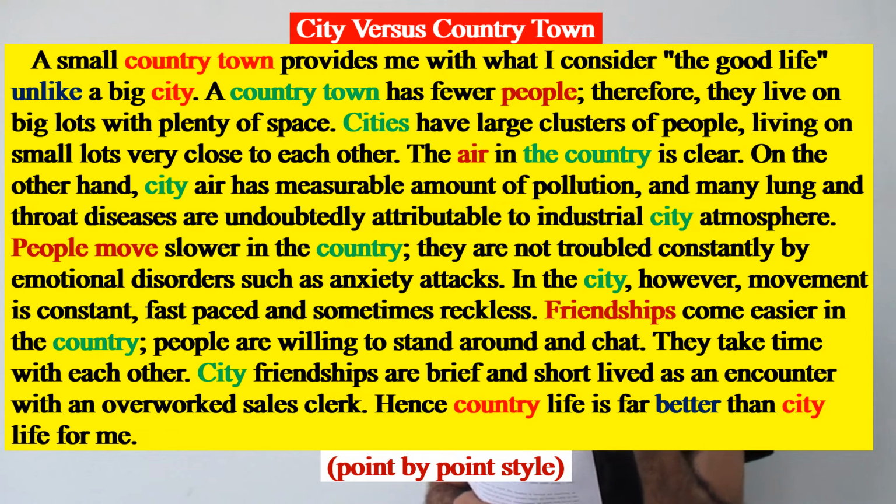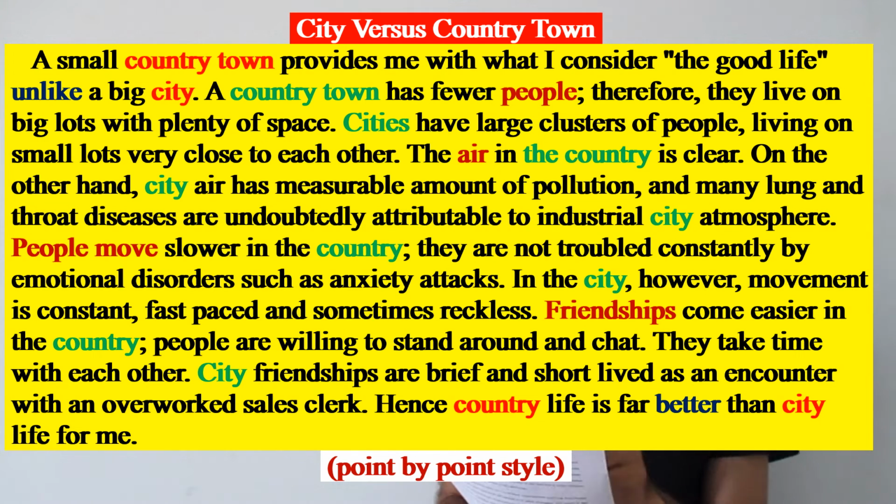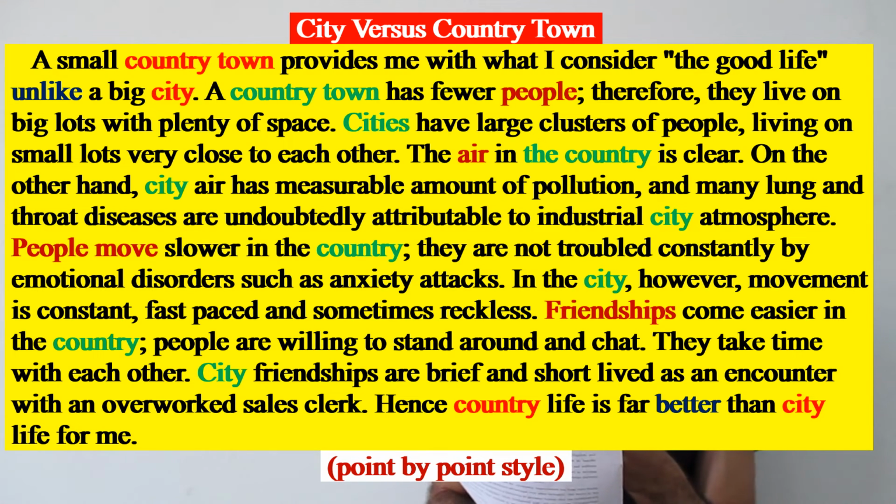So here, as you see, the writer introduces the first point, which is number of people, and he explains how the country town and the city are different in this point. He says that a country town contains fewer people and the city contains a large number of people.